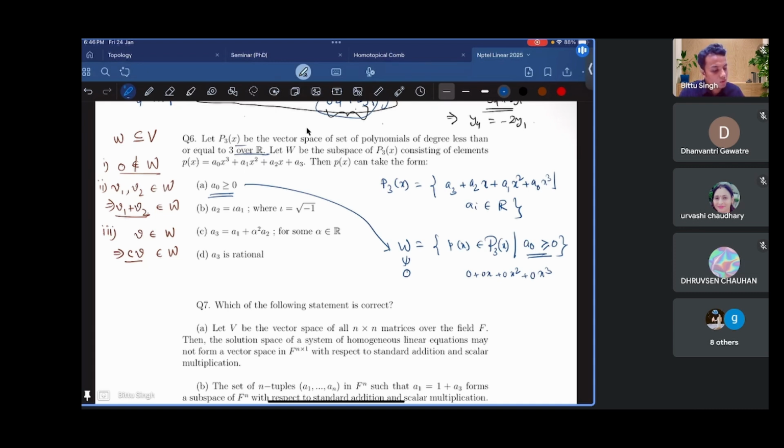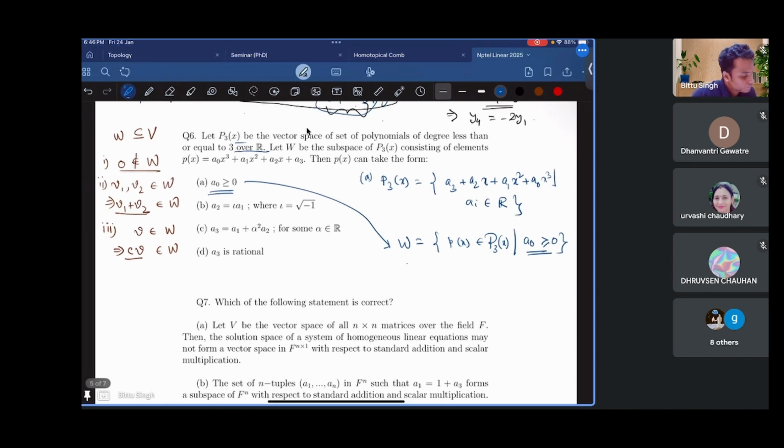But for the last condition, for option A, if you take A0 to be plus 1 and everything else to be 0, then 1 times x cube belongs to W, right?